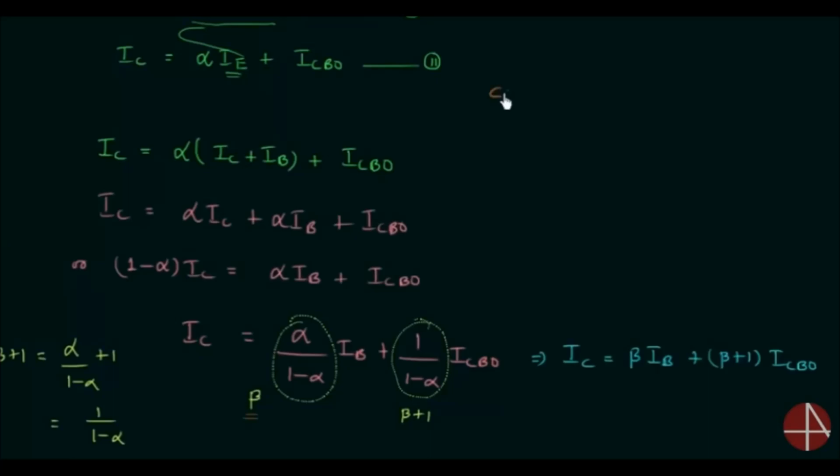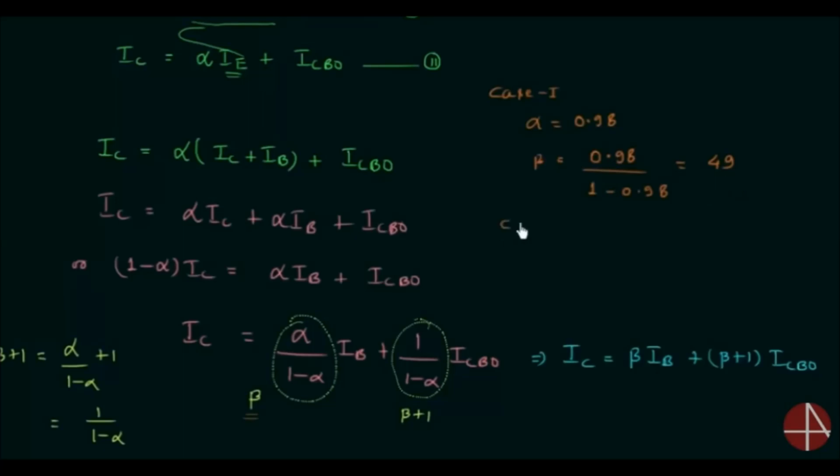Now we will see how beta changes with change in alpha. Let's take the first case, number 1. In this case, alpha is equal to 0.98, so beta is equal to 0.98 divided by 1 minus 0.98. When you solve this, you will have beta equal to 49.